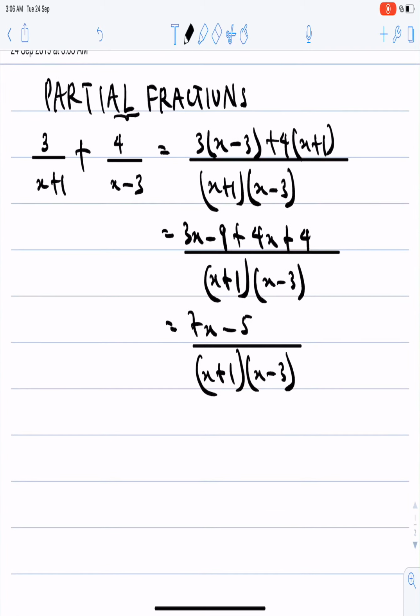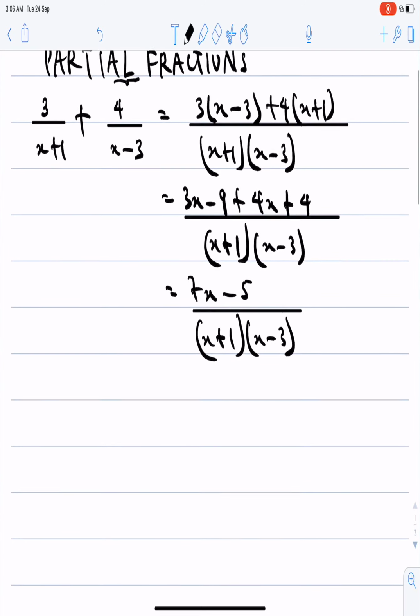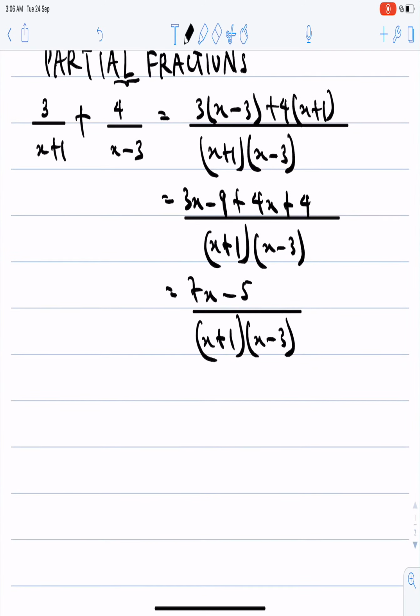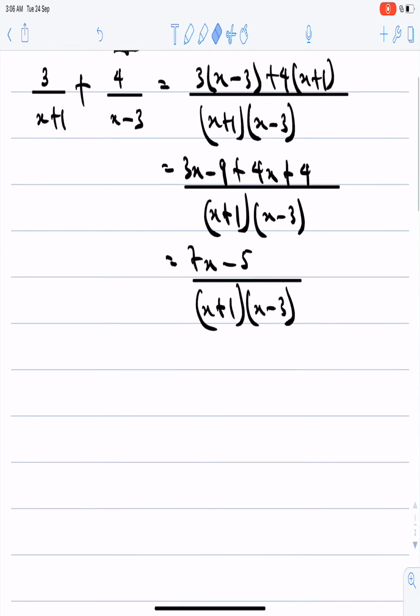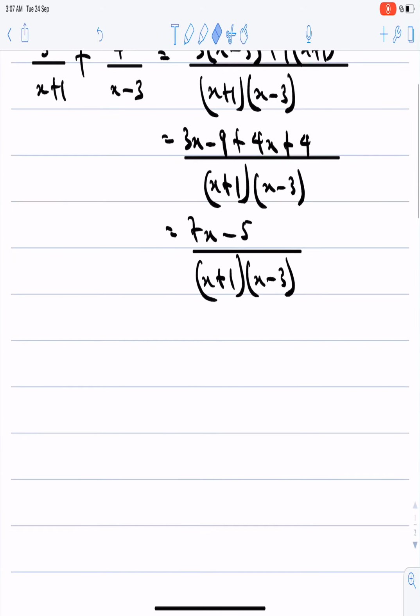The fractions that are split into simpler forms are called compound fractions, and the simpler fractions into which they are split are called partial fractions. So here, 7x minus 5 over x plus 1 times x minus 3 is a compound fraction, while 3 over x plus 1 and 4 over x minus 3 are partial fractions.